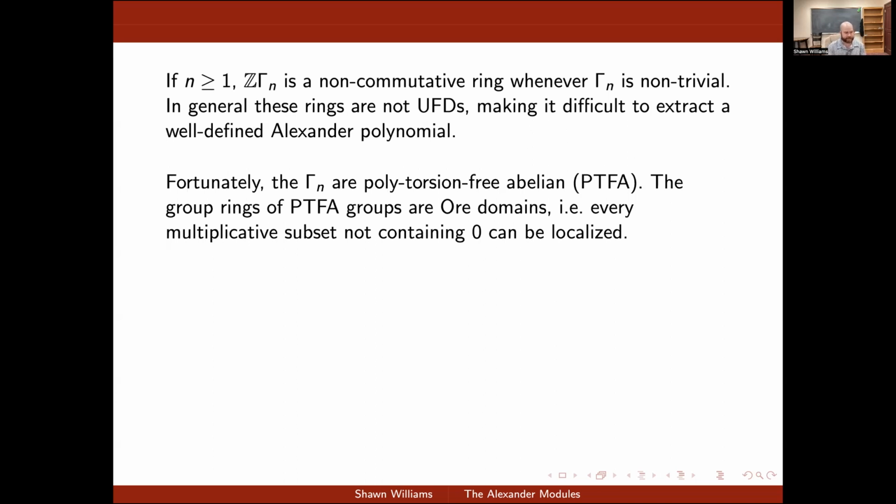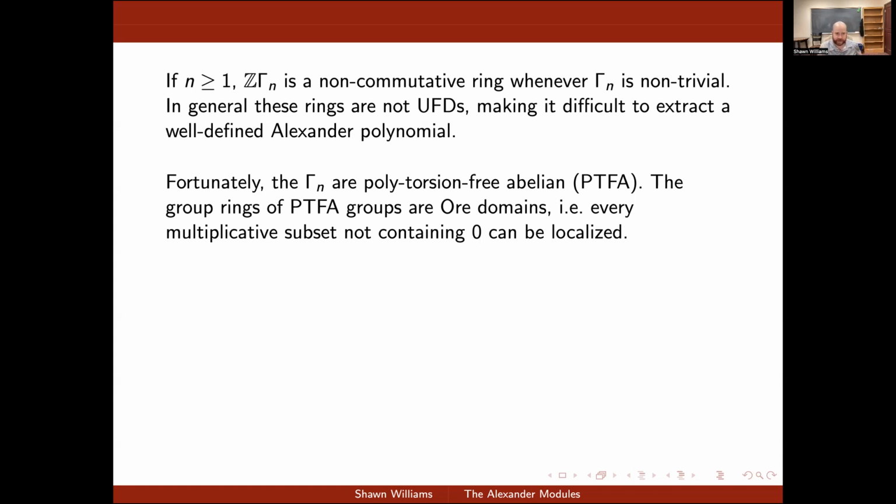An Ore domain is essentially the non-commutative analog of an integral domain in commutative algebra. So in particular, we can localize every multiplicative subset that doesn't contain 0. And by extension, there exists a field of fractions, a skew field of fractions, into which both the ring and all of its localizations embed.